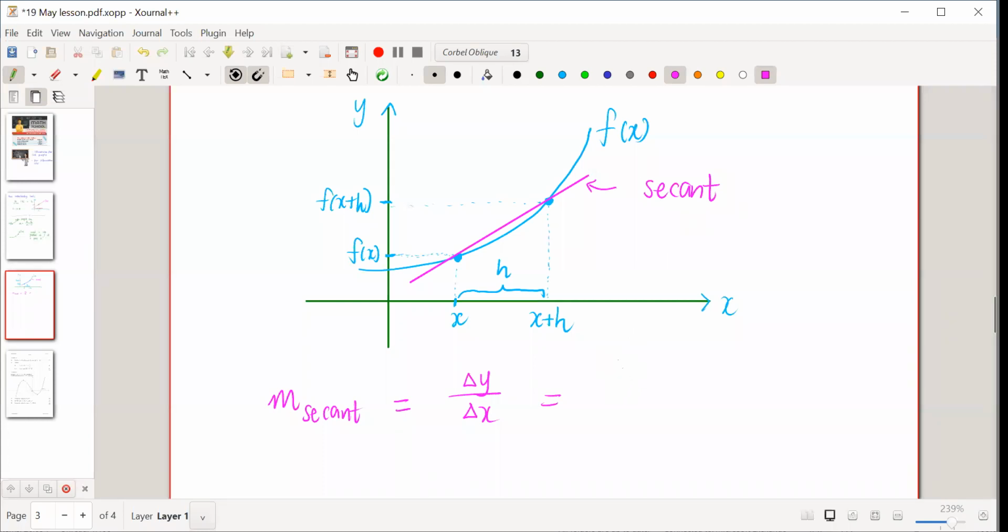So the gradient here is going to be f of x plus h minus f of x divided by x plus h minus x. Do you all agree with that?